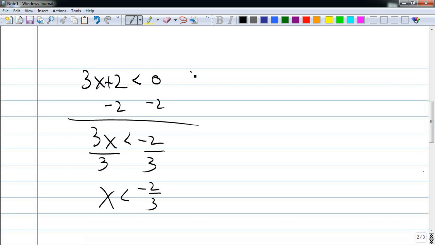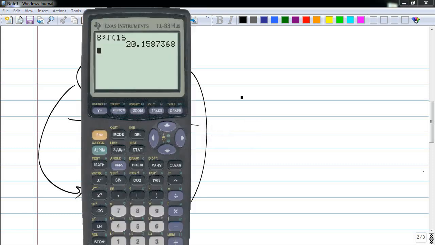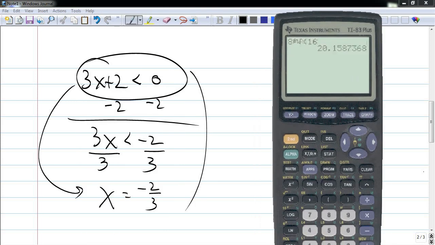The reason why this works, we really aren't solving the inequality here per se. What we are doing is trying to find out where this expression equals 0. That's what we are concerned about, because if you look at the graph of this expression, remember that y values are the value of this expression for certain x's.